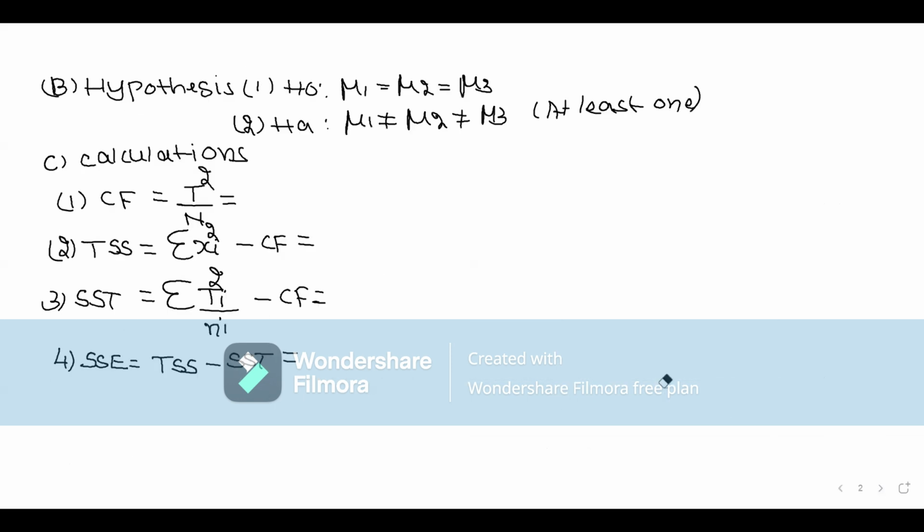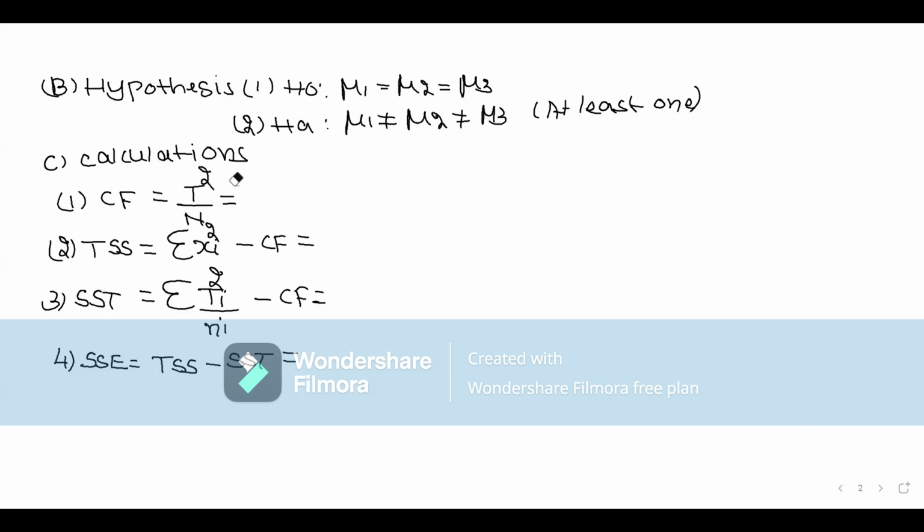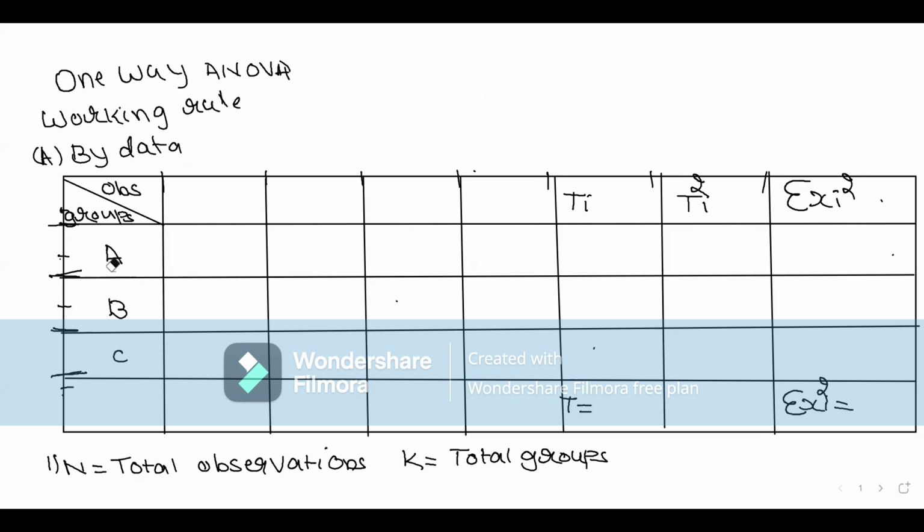Next, the B part, state the hypothesis. Hypothesis H0, suppose 3 groups are here. Look here, 3 groups are here, 1, 2, 3, and 3 means are coming. mu1 equals mu2 equals mu3. Suppose 4 groups are here, A, B, C, D, 4 groups.